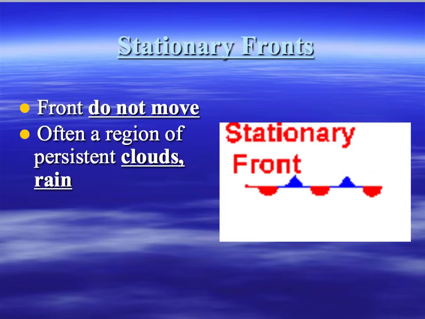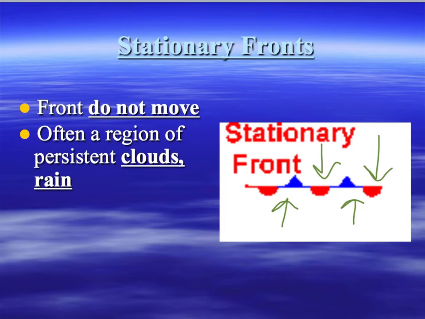A stationary front. So stationary means to stay and not to move. So these fronts often do not move and will provide us with persistent clouds or rain. And as you can see over here, the symbol is a combination of the warm and cold front. And it looks like they're pushing in opposite directions, causing the front to stay in the same location.